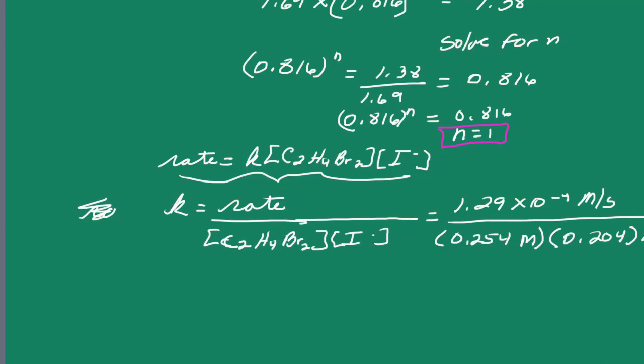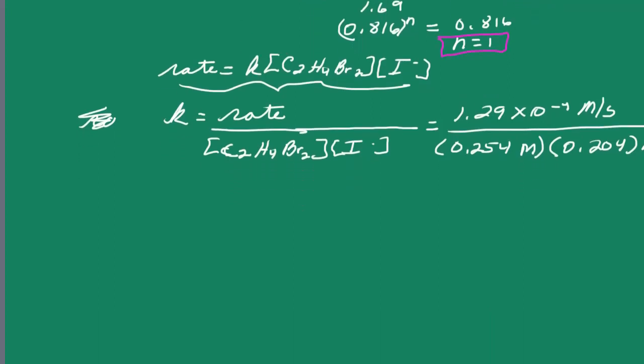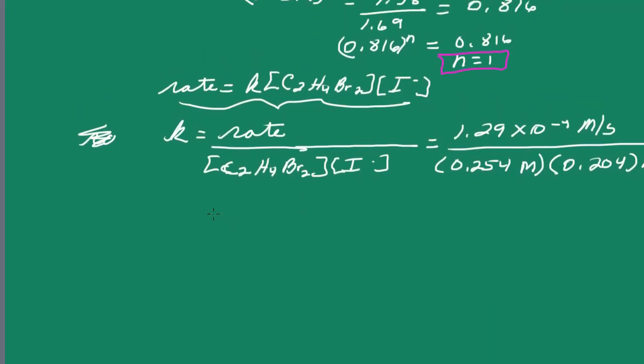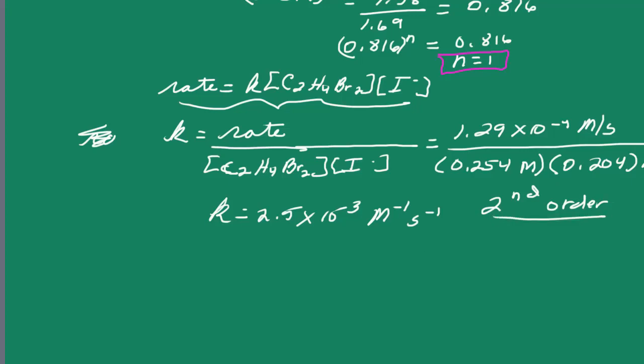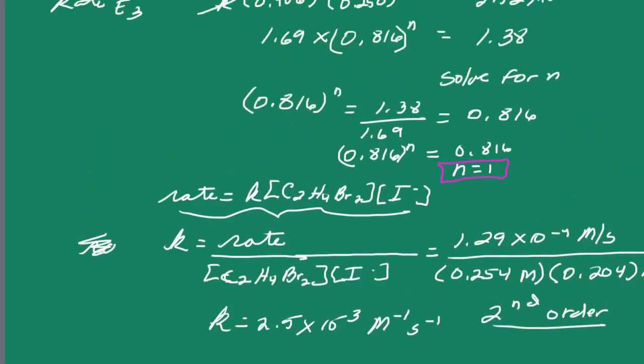Now in the third part, in fact, I better scroll back up, and let me go ahead and write this down here so I don't have to keep moving the screen. 2.5 times 10 to the negative 3 per molar per second. Okay, so we know that our reaction is second order overall and first order with respect to each one of the reactants.